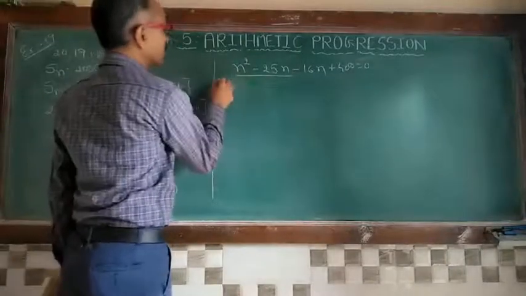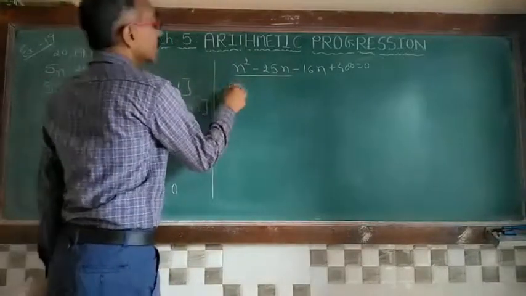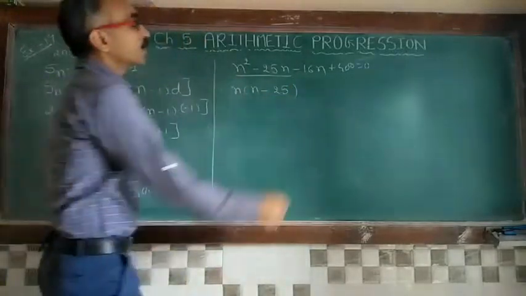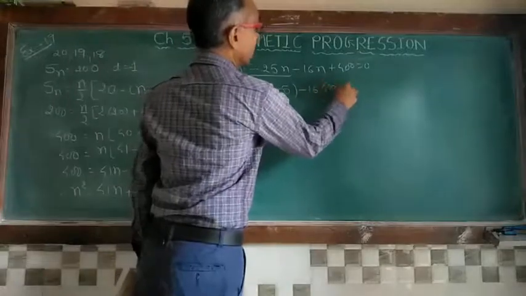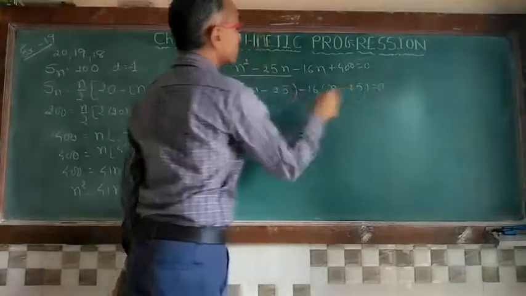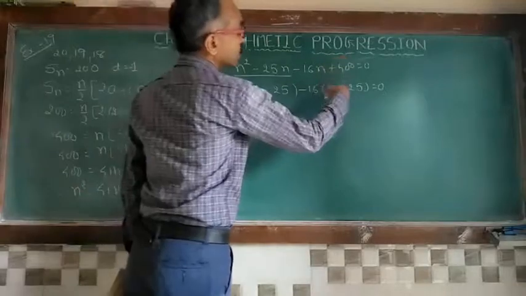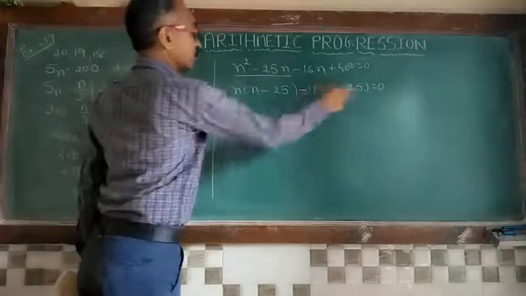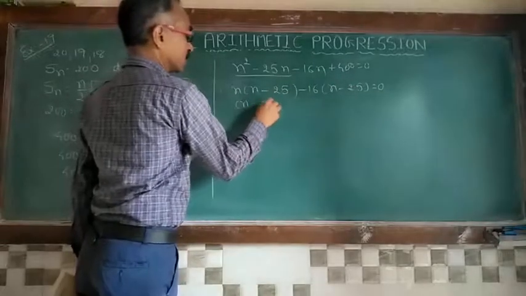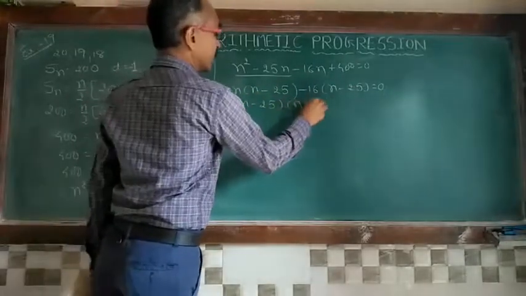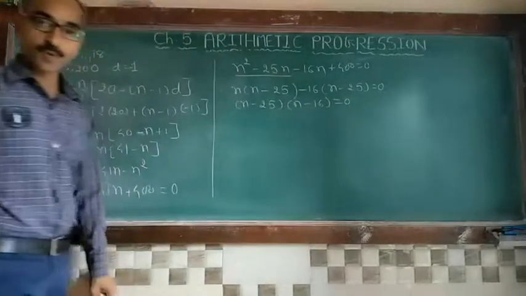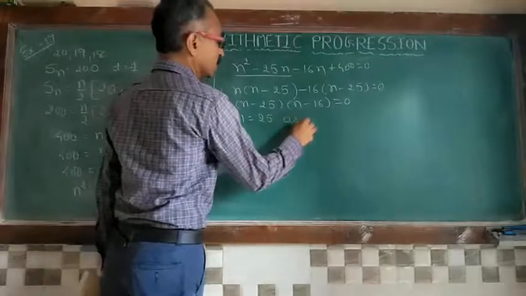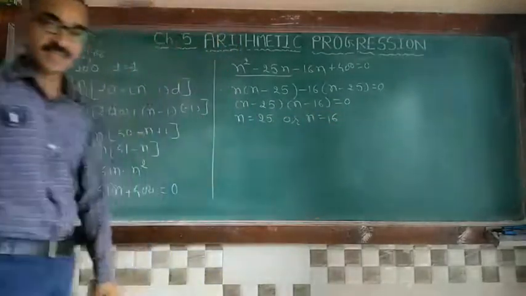So take n common: n into n minus 25, minus 16 common, so the bracket is n minus 25. That is, n minus 25 and n minus 16 is equal to 0. That means n is equal to 25 or n is equal to 16.